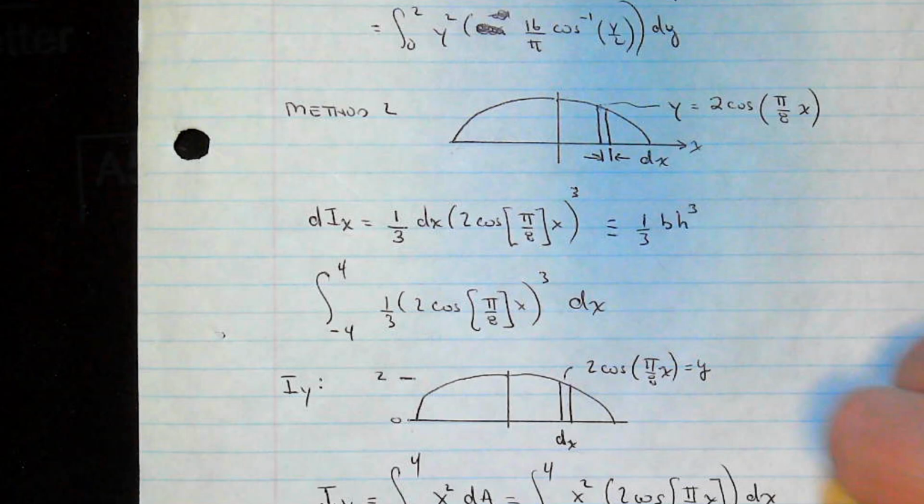The height relative to y is equal to this, so I have this cubed, 1/3. There's the base dx. I stick this into here, and I'm going to integrate that. And so now I have a cosine to the third as opposed to an inverse cosine. So I'm adding up differential dIx's, and that's because it's just a really thin sliver here.